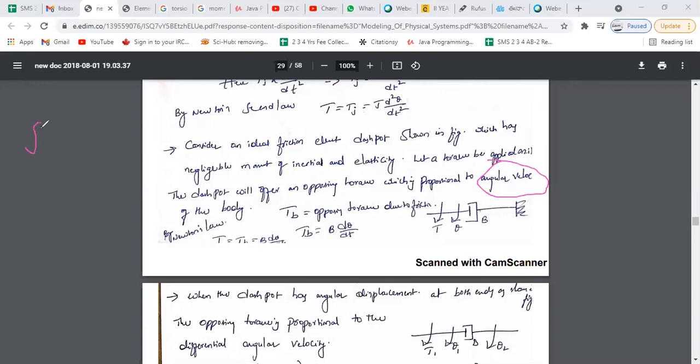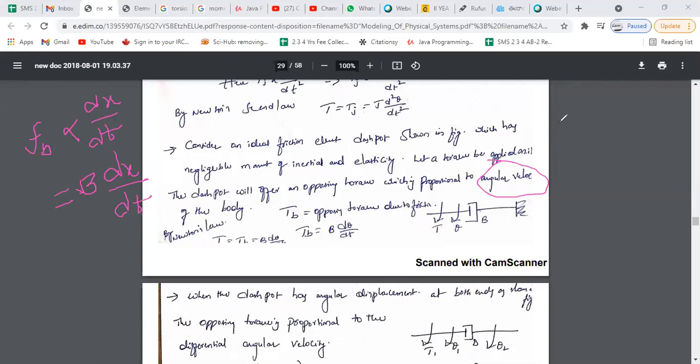In the translation system, the opposing force due to the dashpot is proportional to linear velocity, which is dx by dt, right? And we write it as capital B into dx by dt, isn't it? The same thing we should write here.